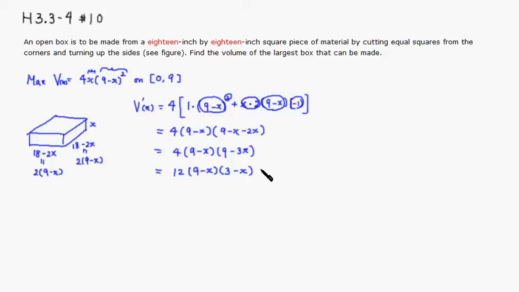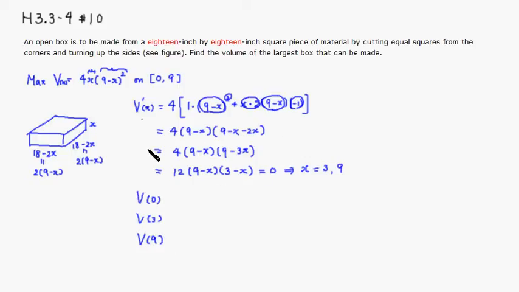Set that equal to 0 to find the critical numbers. So the critical numbers would be x equals 3 and x equals 9. So let's look at the volume at endpoint 0, the volume at the critical number 3, and the volume at the other endpoint 9.